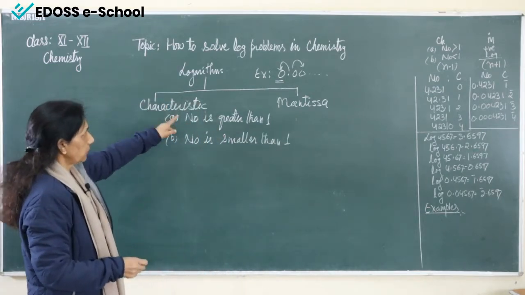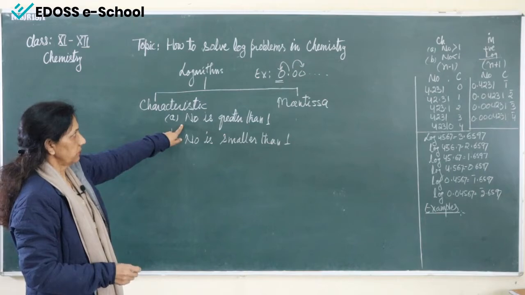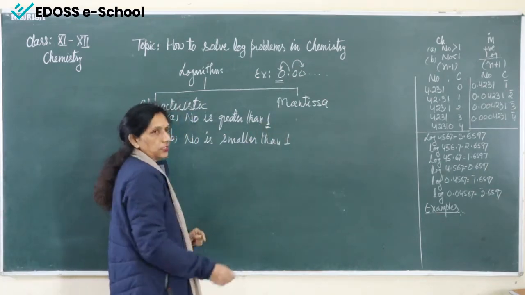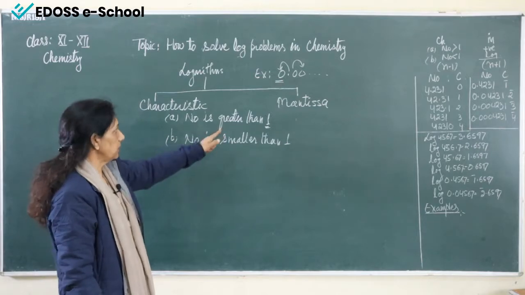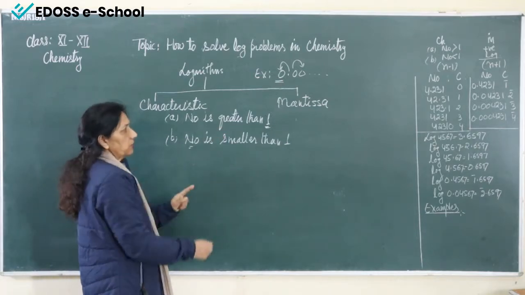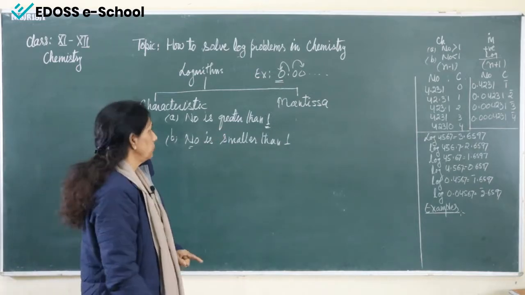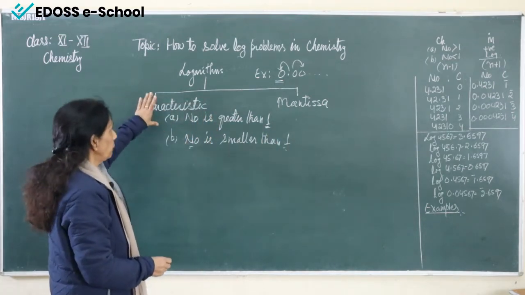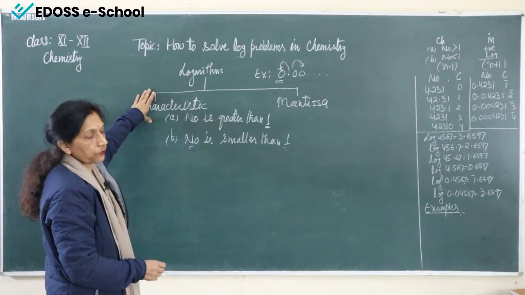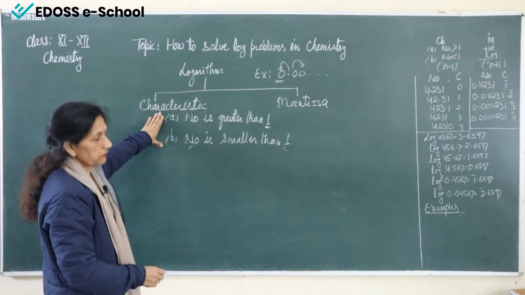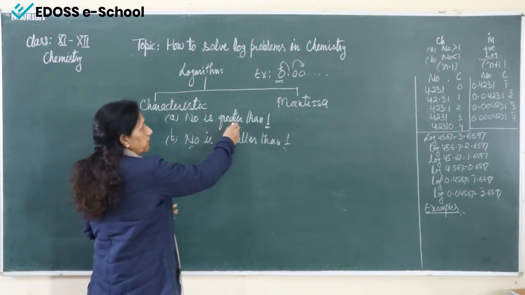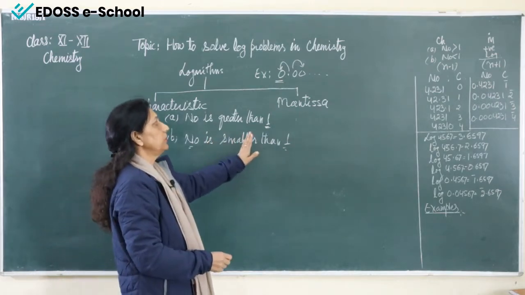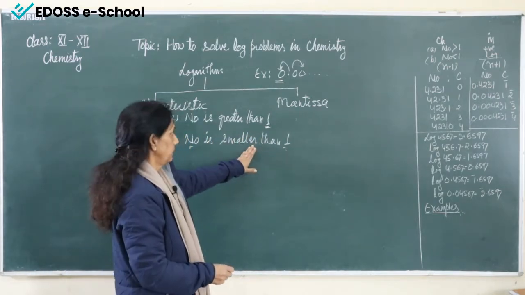The way to find the characteristic when the number is greater than 1 is different, and for those numbers which are smaller than 1, finding their characteristic is different. So, for finding characteristics, there are two methods.